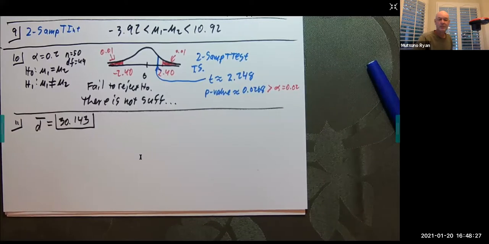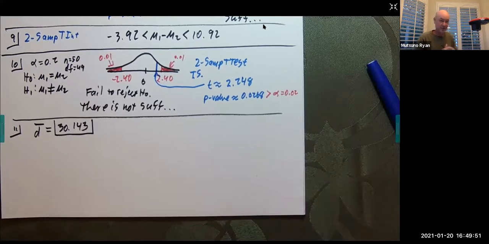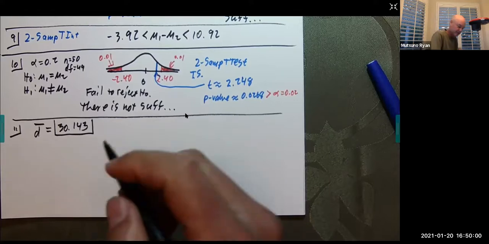Moving on to number 12, we're doing a full-on test here. So through the magic of recording stuff, I actually went in and I entered in all the data for problem 12 into list 1 and list 2 again, and I'll show you that here in a second. Let's start with 12.